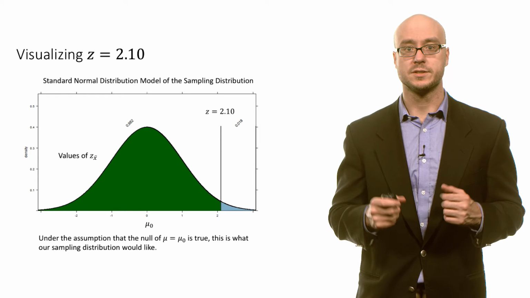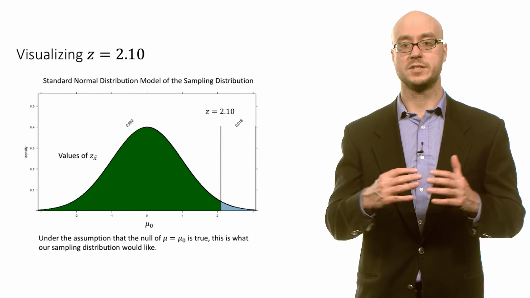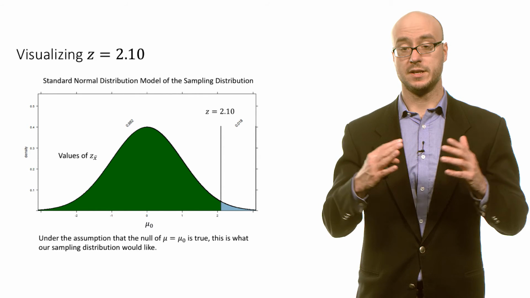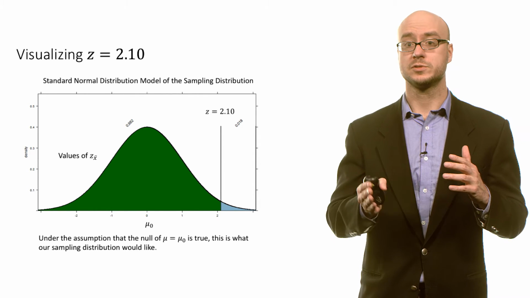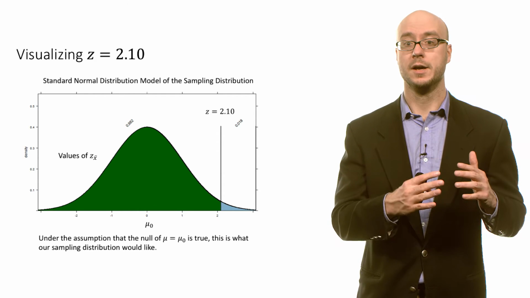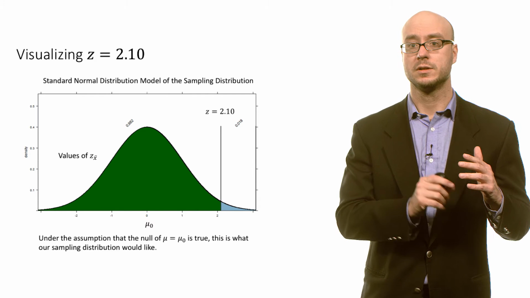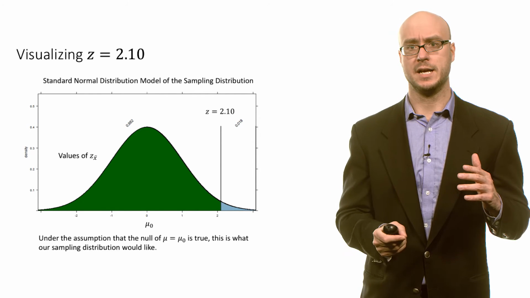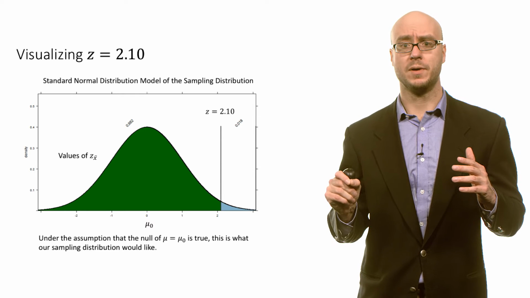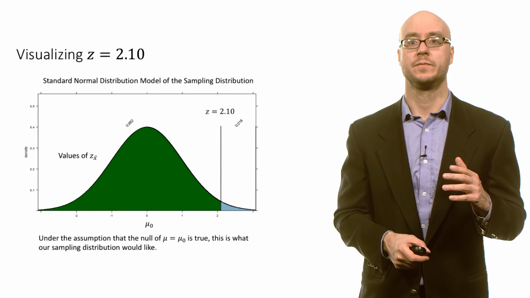So let's visualize this. This is the standard normal distribution model of the sampling distribution. We're assuming that the null is true, so that's equivalent to saying that we think the sampling distribution is going to be centered on what the CEO claims. That's our null. Well, if that's true, this is where our sample mean lies. It lies quite a bit above that population mean claimed by the CEO.